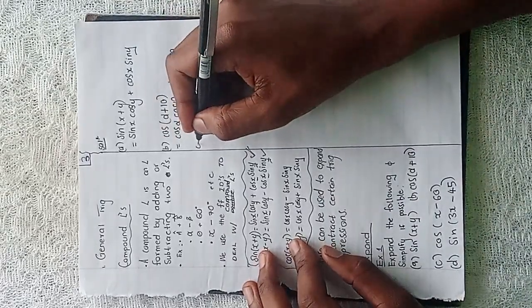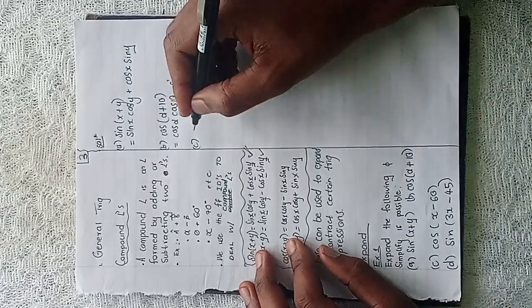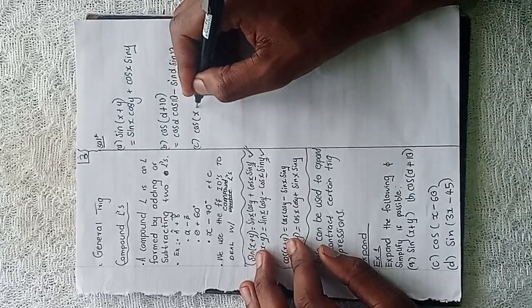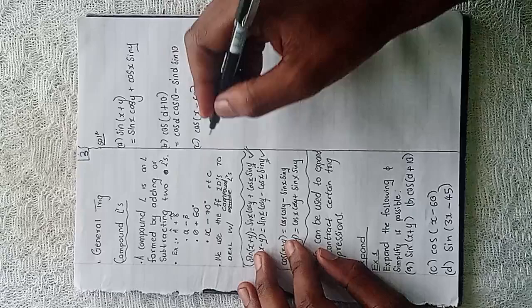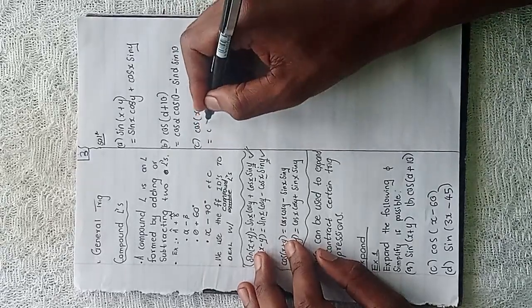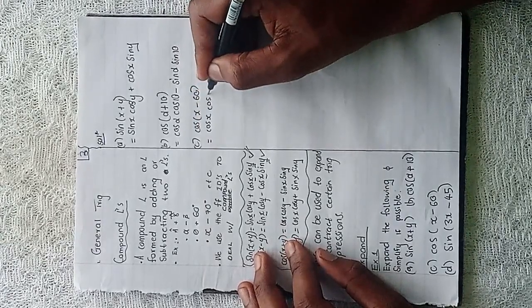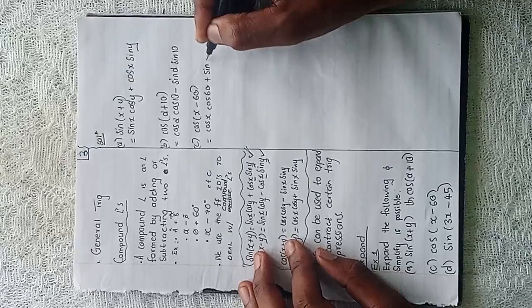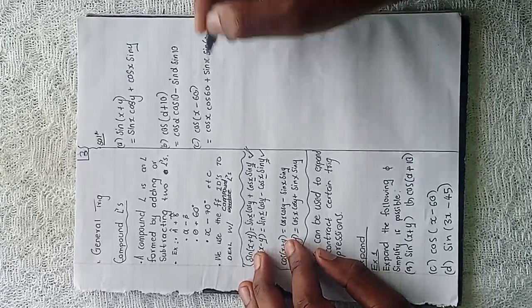All right, C: cos of x minus 60. It will be cos x cos 60 plus sine x sine 60.